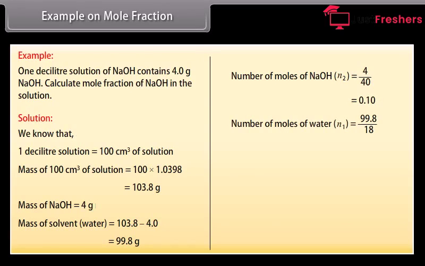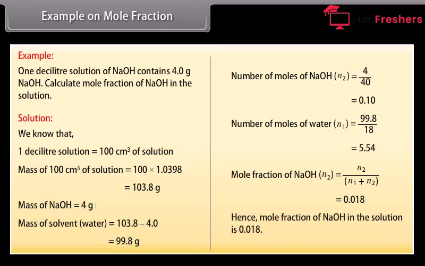Number of moles of water N1 is equal to 99.8 divided by 18, which is equal to 5.54. Mole fraction of NaOH, X2, is equal to N2 upon N1 plus N2 whole, which is equal to 0.018. Hence, mole fraction of NaOH in the solution is 0.018.